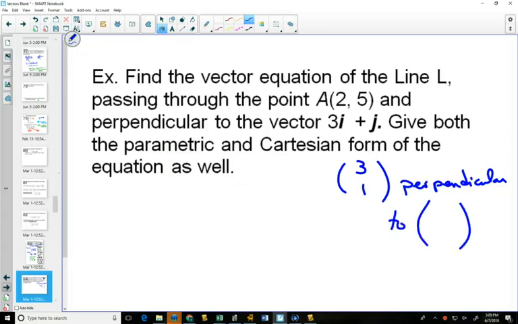What about (-1, 3)? Or (1, -3)? Or any multiple of that.